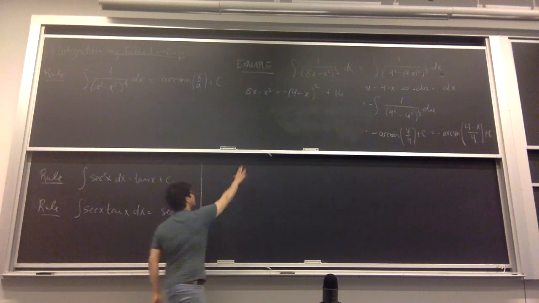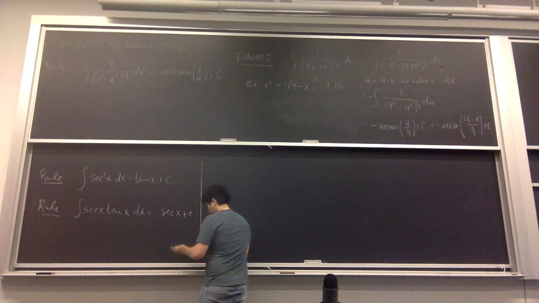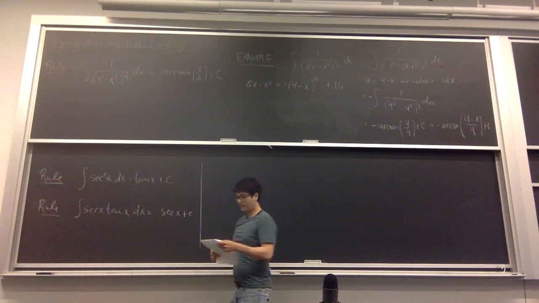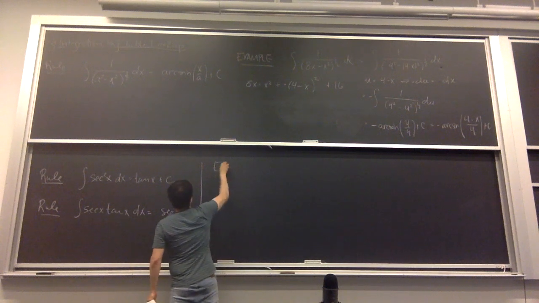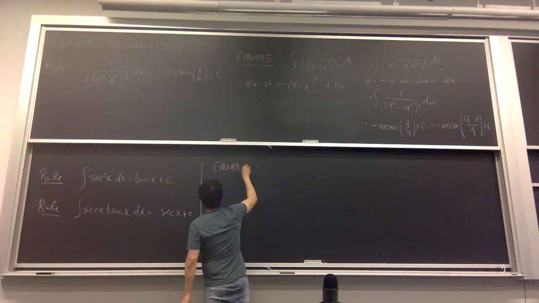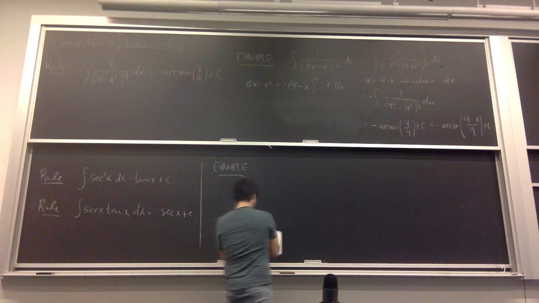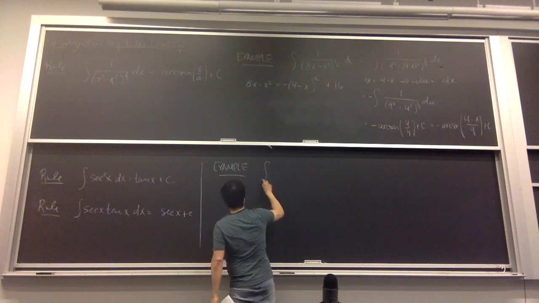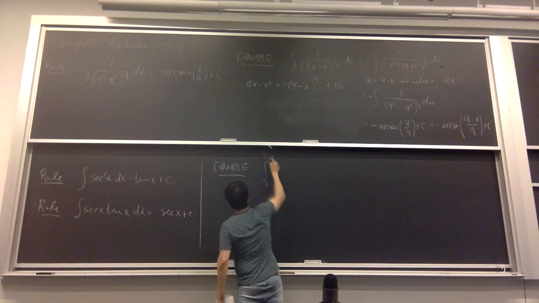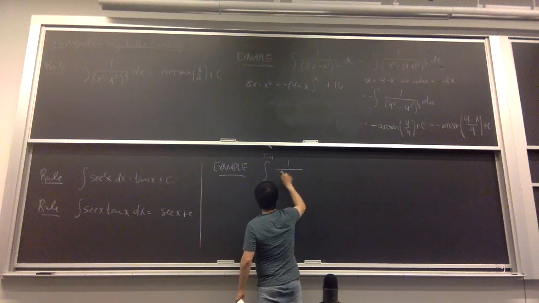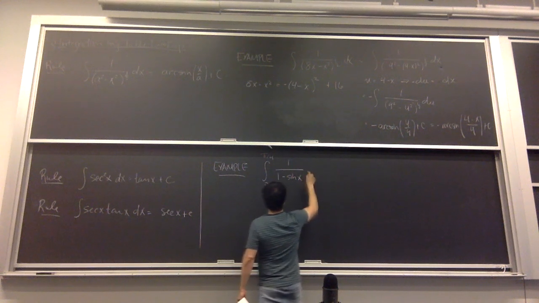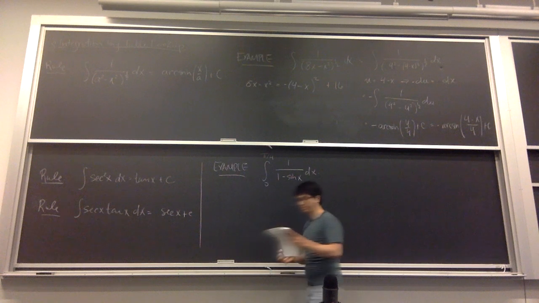So given those rules, can you try and do the integral from 0 to pi over 4 of 1 over 1 minus sine x dx.